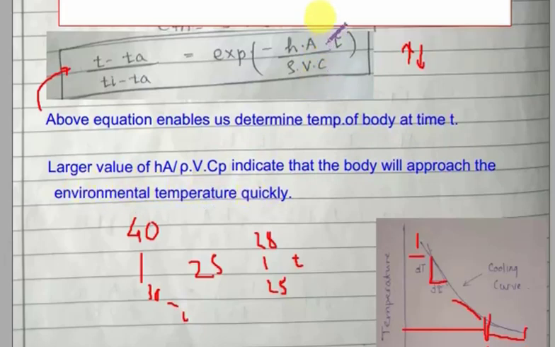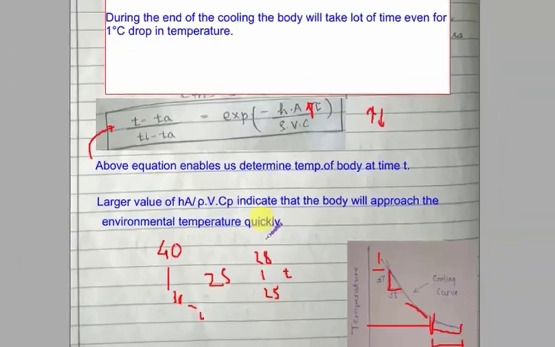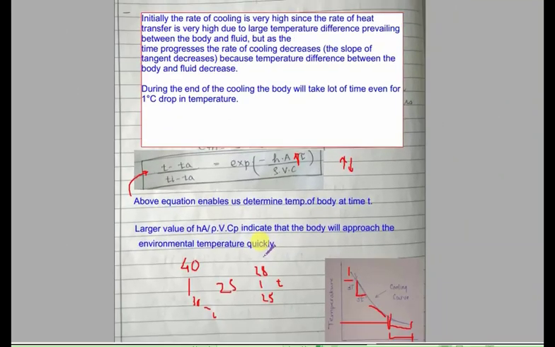So if HA divided by rho Vc is higher, the body will approach the environmental temperature quickly. These are the important conclusions we can draw from this equation. I hope you have a clear understanding of the equation. Various numericals will be based on this equation.